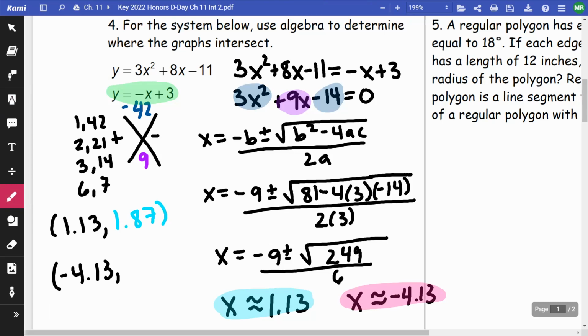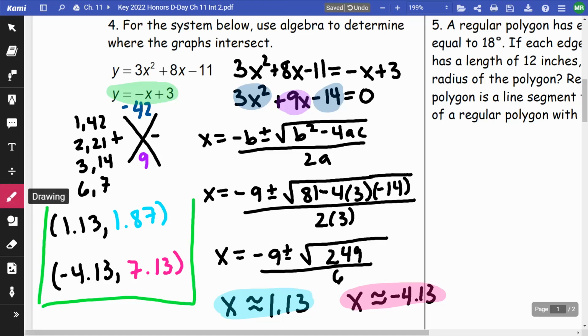When I put in a negative 4.13, that actually is going to make it a positive 4.13 plus 3, and I am going to get 7.13. And so these are going to be our 2 approximate points of intersection.